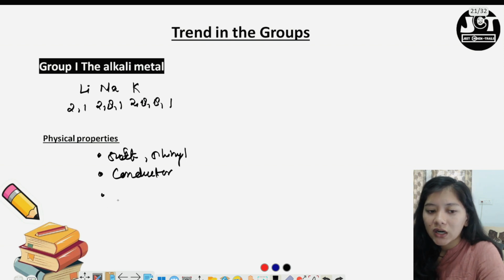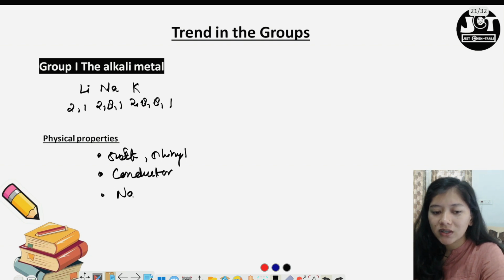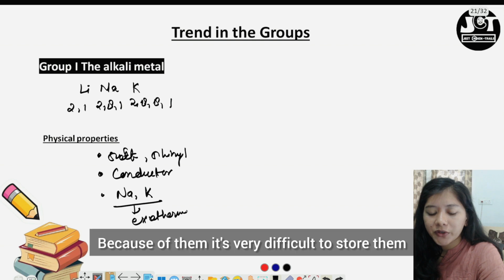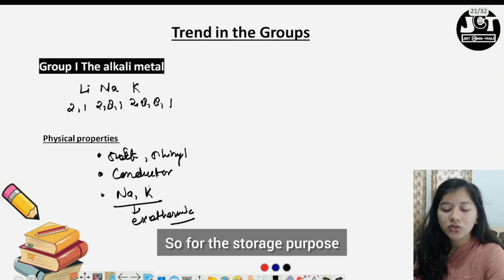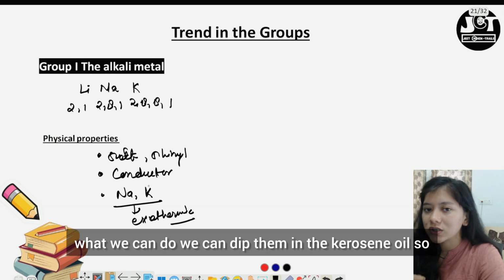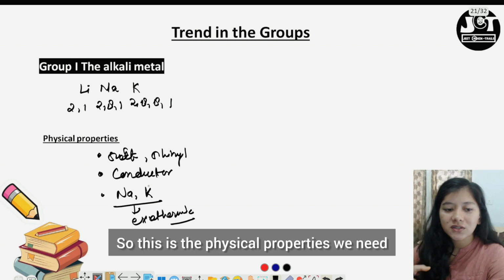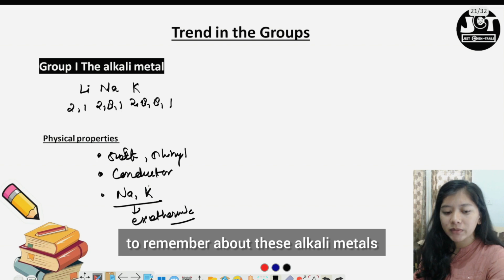About potassium and sodium, we need to remember one thing: they are very reactive, and when they react, they show an exothermic reaction. Because of that, it's very difficult to store them. So for storage purposes, we can dip them in kerosene oil so that they will not react with anything else. So these are the physical properties we need to remember about the alkali metals.